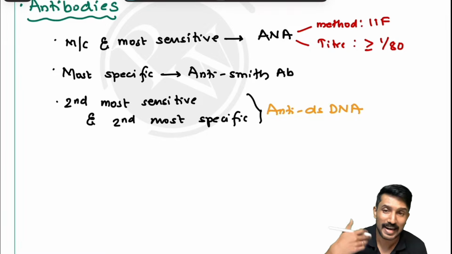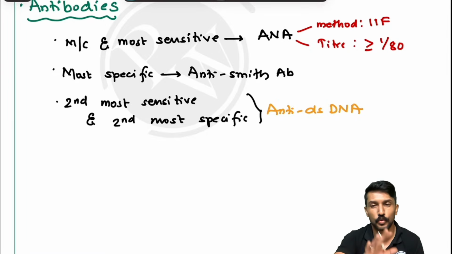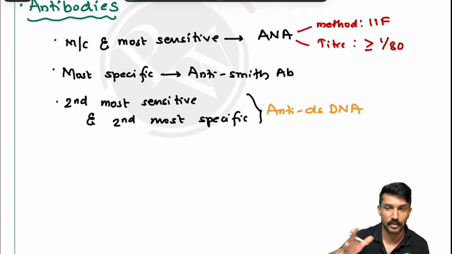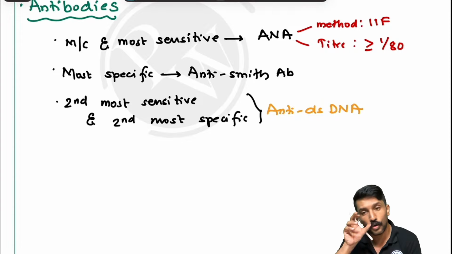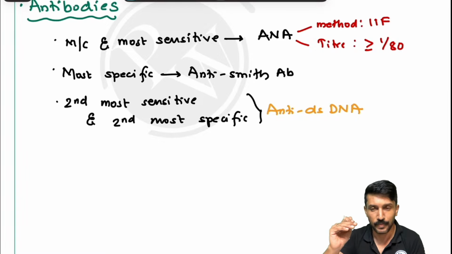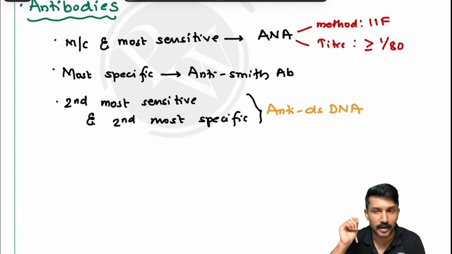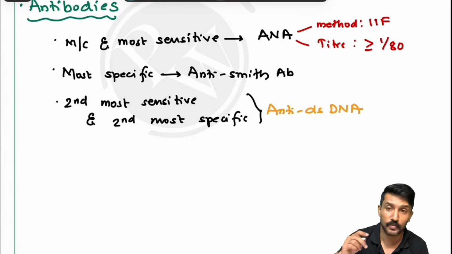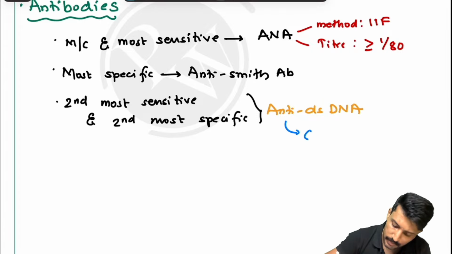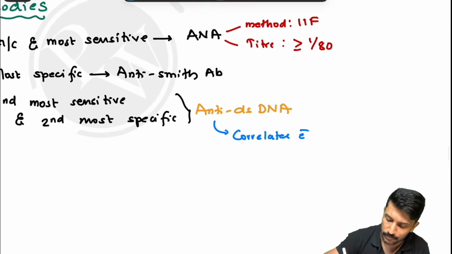And they have some added role. ANA is elevated, used once for diagnosis, not repeatedly done to know whether the treatment response is there or not. But anti-dsDNA correlates with the disease severity. Higher the titer, higher is the disease severity. If I start treating and the disease comes down, anti-dsDNA titers come down. So that's why it has a role in monitoring the response to treatment.